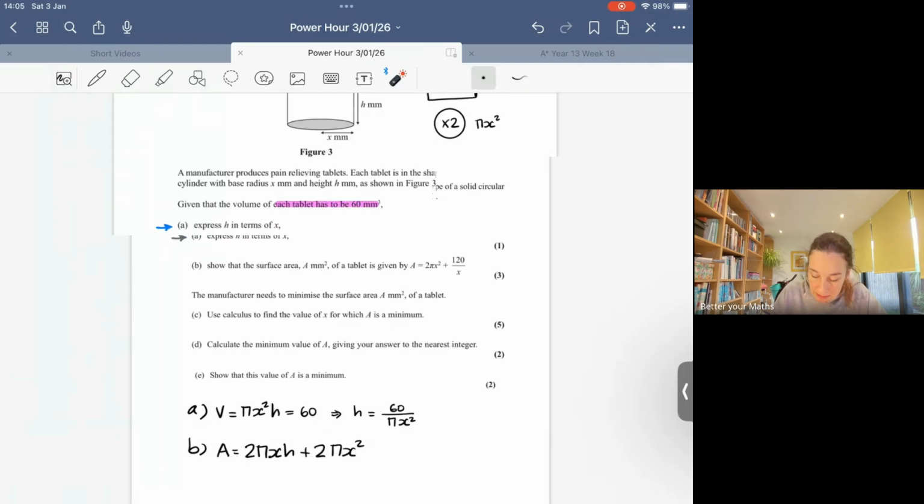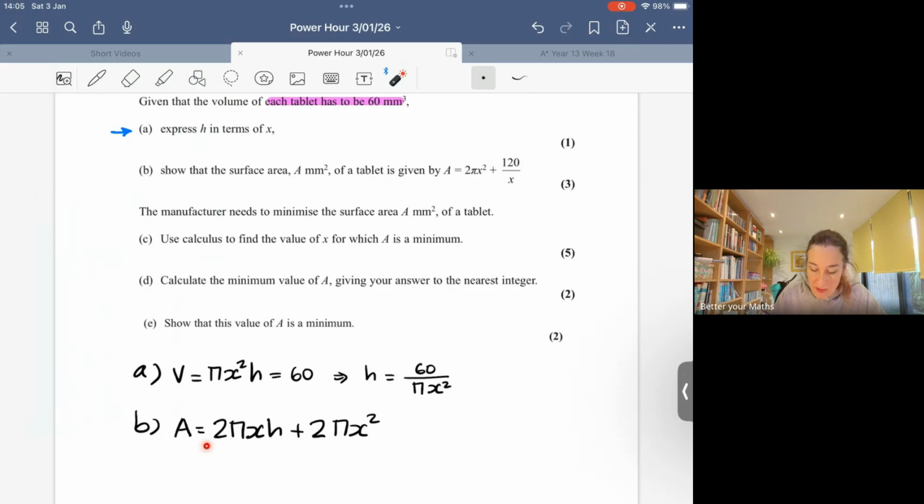But now look at the expression that we need and the expression that we have. What is the difference? We have these 2 pi x squared, and here we have an h that we don't have. But because they have asked us to write h in terms of x, we can substitute it here and have everything in terms of x. And that's what we are doing.